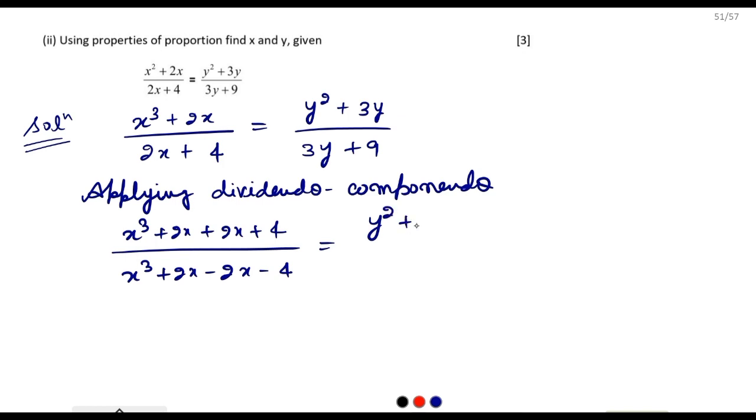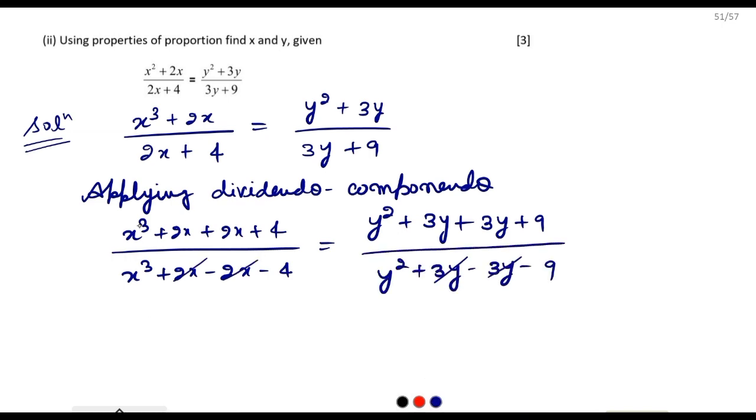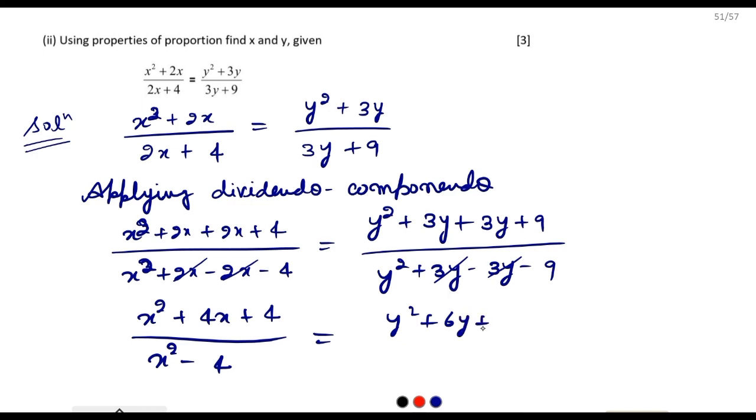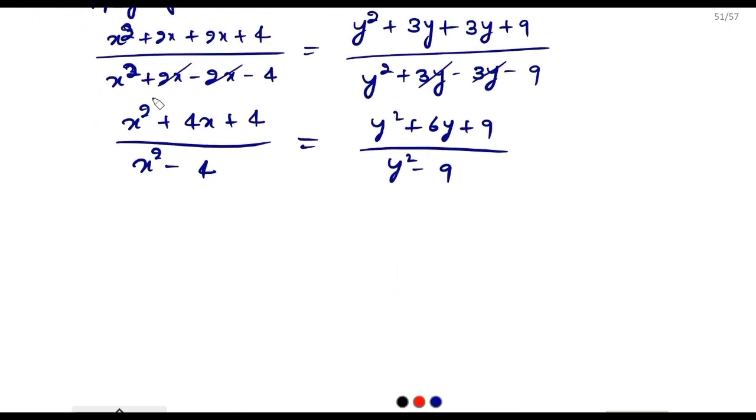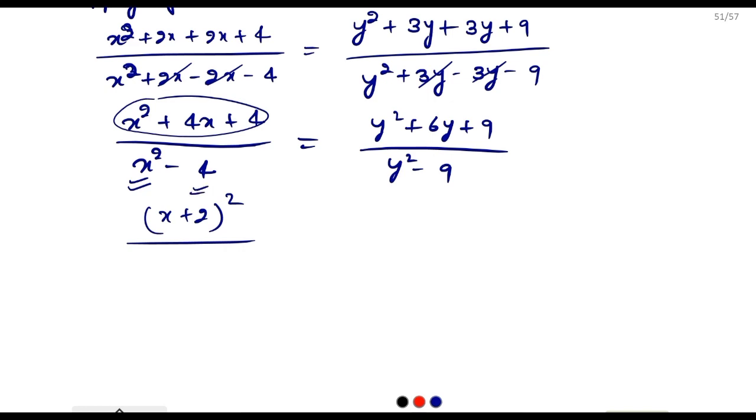Similarly on right hand side, this is x square. X square plus 4x plus 4 divided by x square minus 4, y square plus 6y plus 9 and y square minus 9. Look at this carefully. This is x plus 2 whole square and in this we are applying a square minus b square.